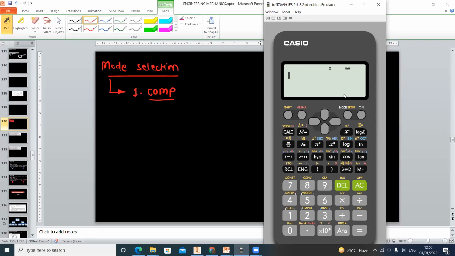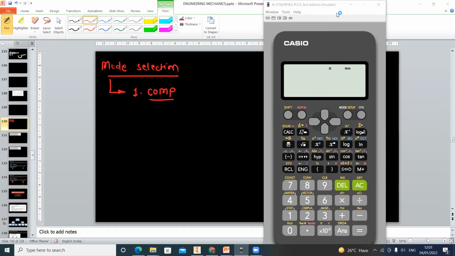For the COMP mode, there is one option which is the mode setup. If you take any calculator, the user interface is the same. If you have purchased the 991 ES calculator, then it will have the same functions and the same buttons available.